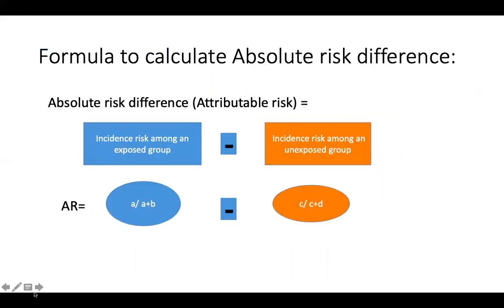Formula to calculate the absolute risk difference: most of the time we show the absolute risk difference, the attributable risk. That is subtracting the incidence risk among the unexposed group from the incidence risk among the exposed group, that is A upon A plus B minus C upon C plus D.